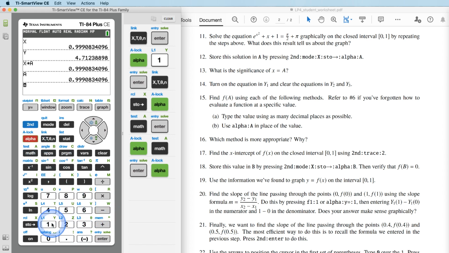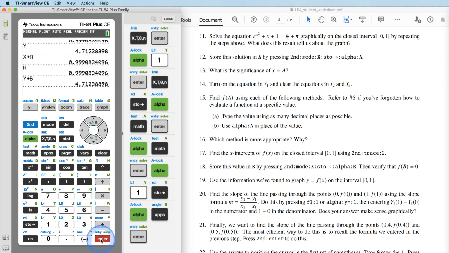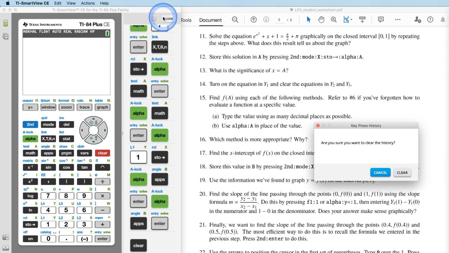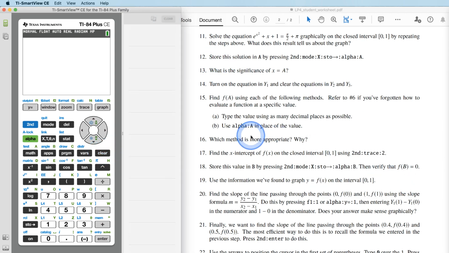So I'll call up Y using alpha 1, hit store, and I will save that as B, alpha B, and hit enter. Now if I need that value, I can just hit alpha B and use that instead of typing in the value. Okay, so let me clear that, clear my history, and let's move on.